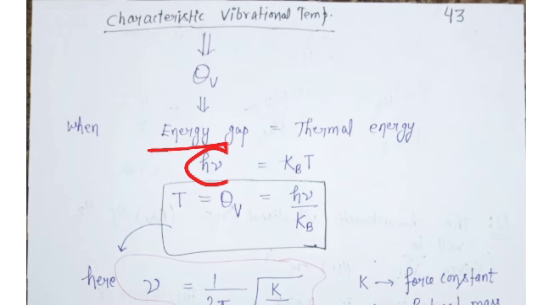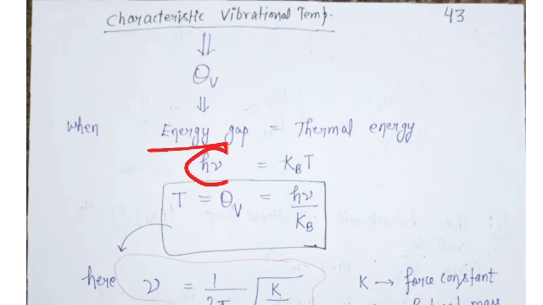In the rotational case, the energy gap was in the order of B, the rotational constant, but we are now doing the vibrational states. There the energy difference between two states has a fixed value, that is h nu. So the characteristic vibrational temperature is defined as the temperature at which the energy gap, h nu, equals the thermal energy.